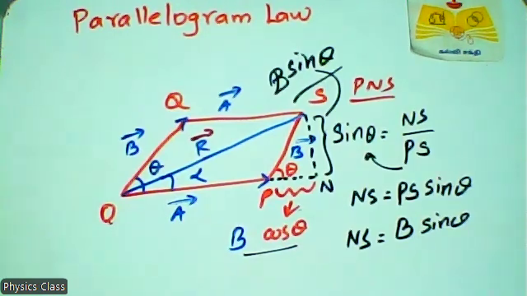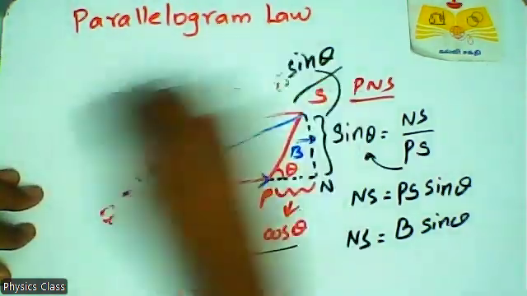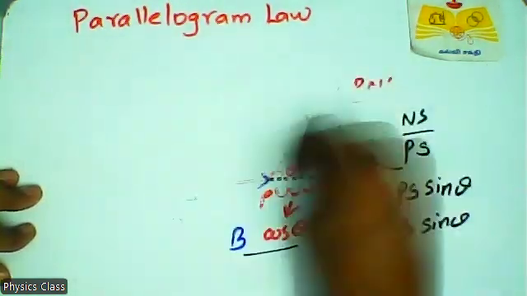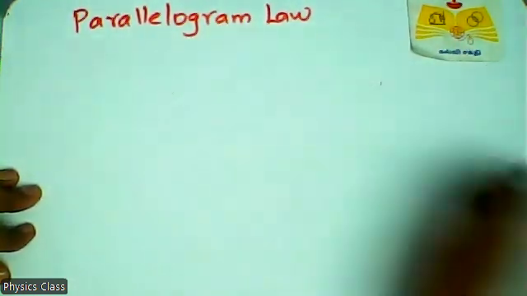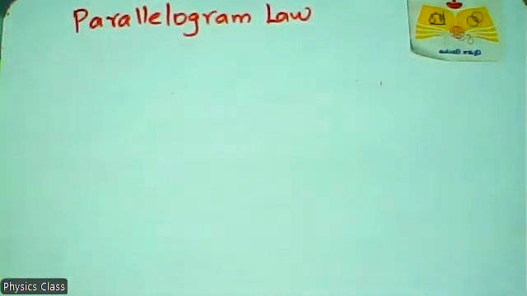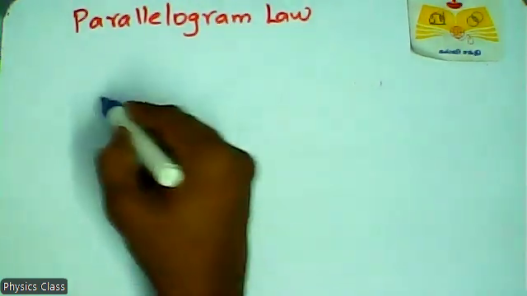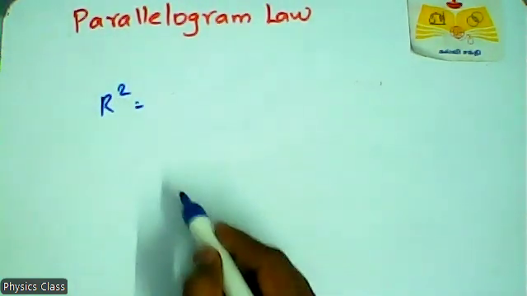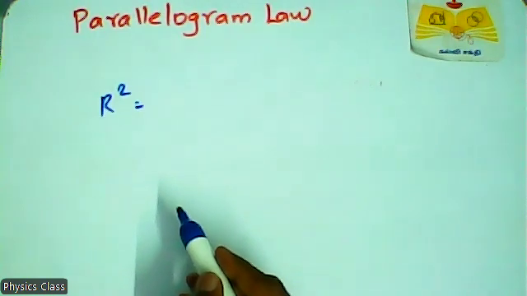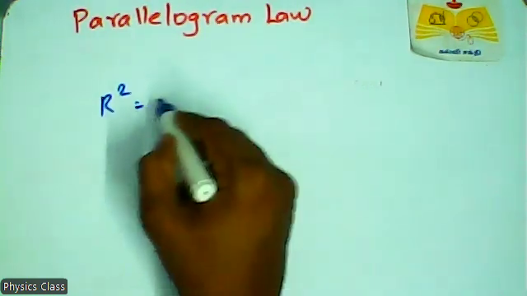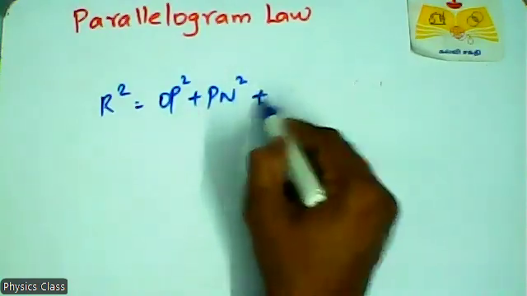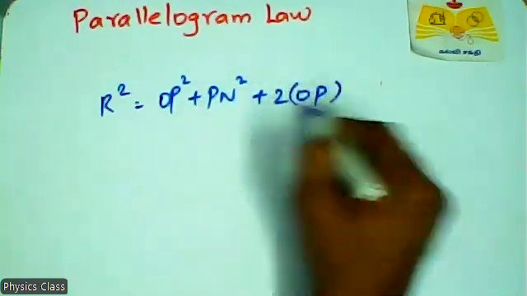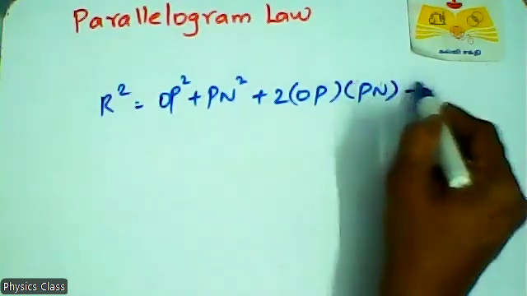And then we can put it in that resultant equation. That is, R square equal to OP square plus PN square plus 2 OP PN plus NS square.